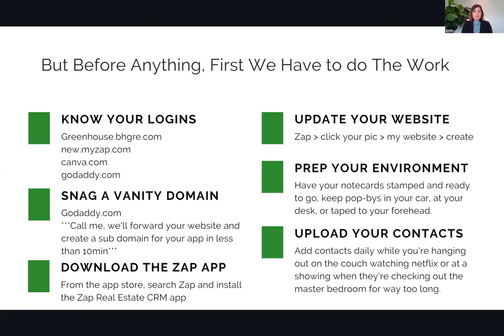What I would do is create a second subdomain, app.LeslieSellsOmaha.com. You can do info.LeslieSellsOmaha.com. You can do hello. You can do whatever. You could do relocation. You could do military, any of those things, and you can direct to specific places. So for these purposes, we talk about having one that's just your core website, and then a secondary one that's for your app.